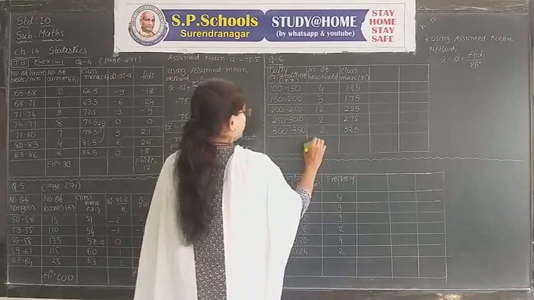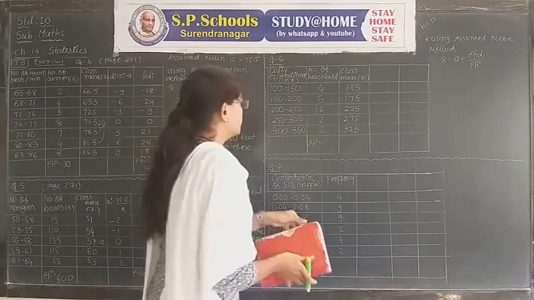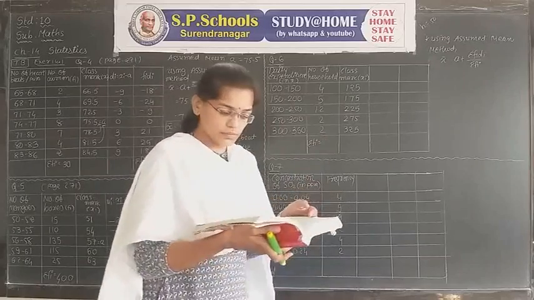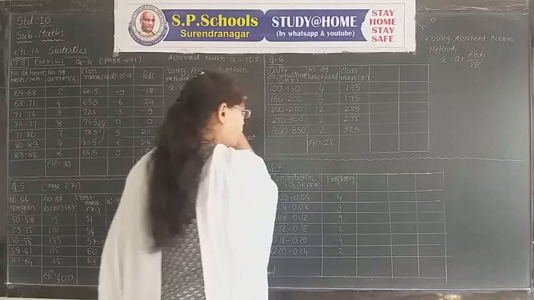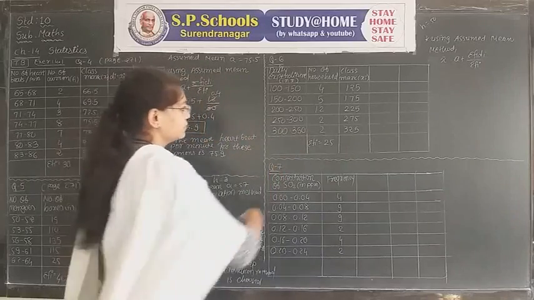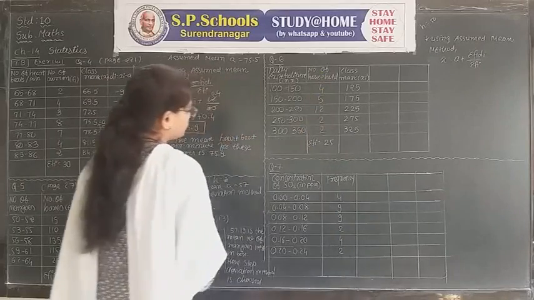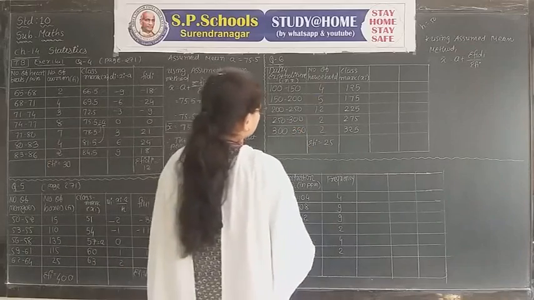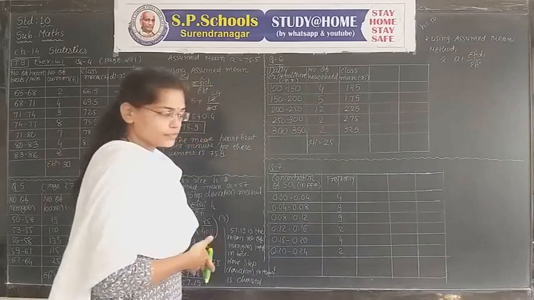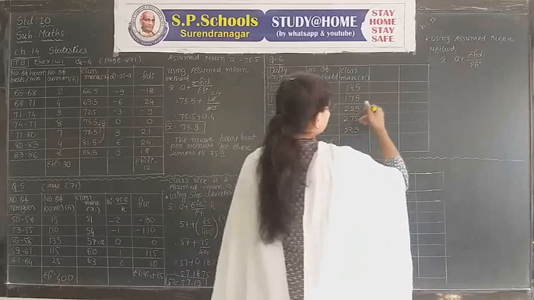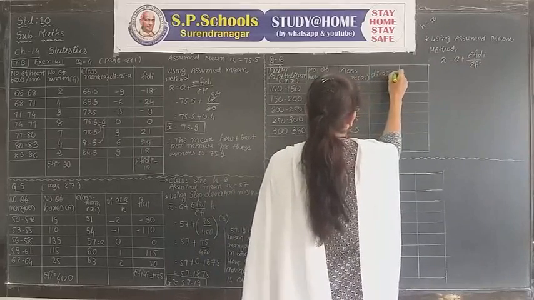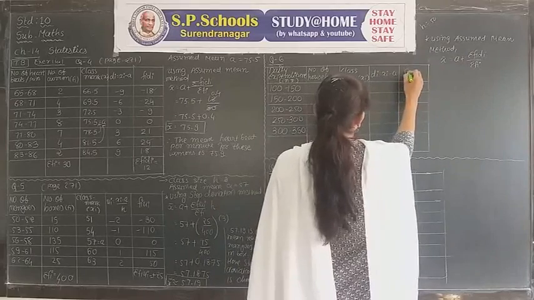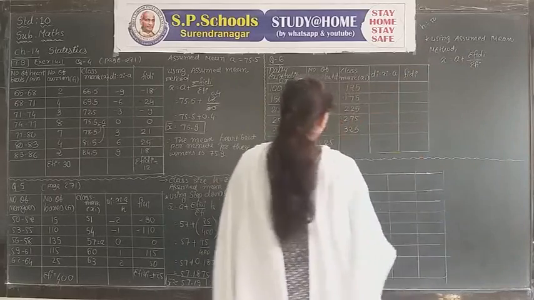Sigma fi given in the question, the number of households, is 25. You have to verify it by adding. Then the fourth column is for di. Di is equal to xi minus a, and the last is for fi into di.